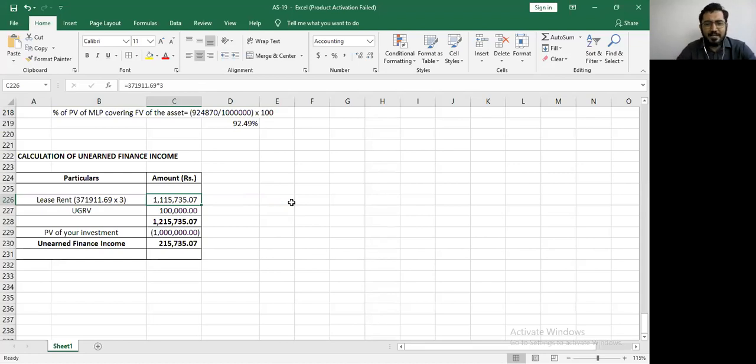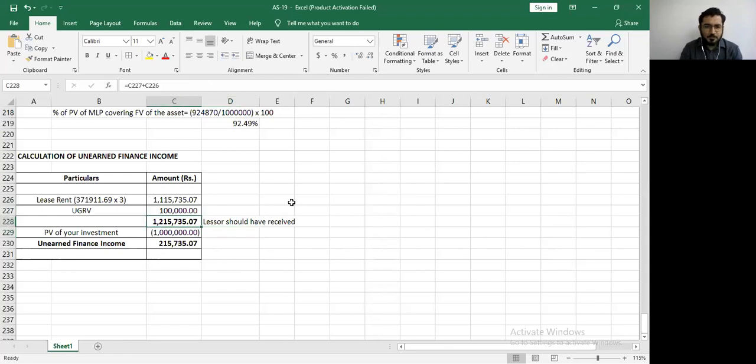Considering 3,71,911 for 1 year, for 3 years he should have received 11,15,735. उसके ऊपर उसको मिलना चाहिए था unguaranteed residual value of rupees 1 lakh. Adding in total he should have received 12,15,735. So I'm writing over here, lessor should have received 12,15,735.